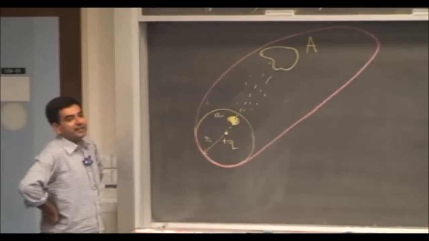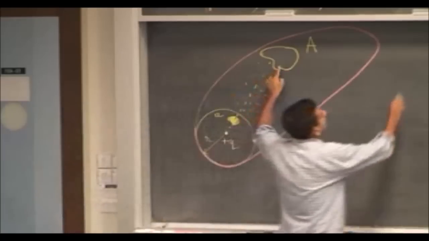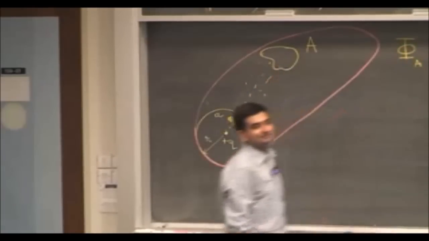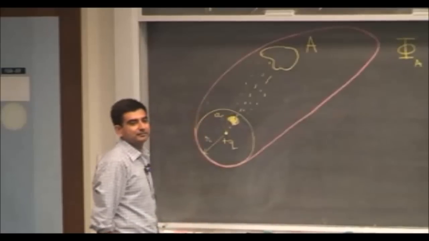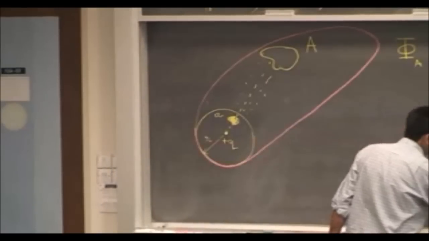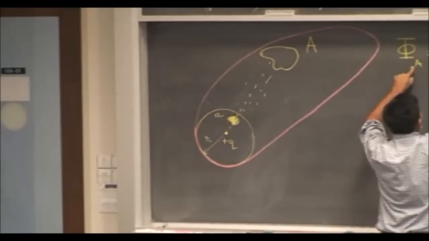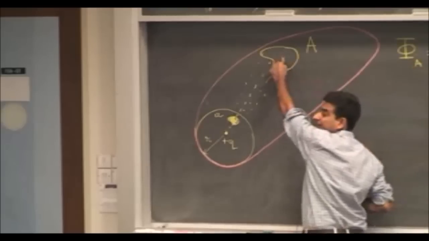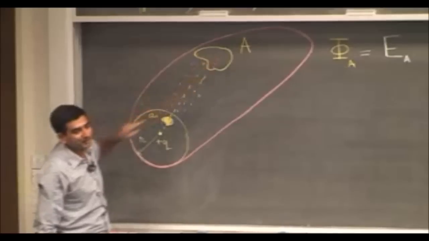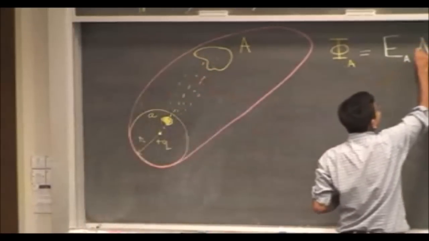Now what I'm interested in is finding out the flux through the area capital A. The flux through this area is going to be the electric field at this area. The electric field here is not the same as the field here, because there is a 1 over r square dependence. So it's equal to E_A times the area A.